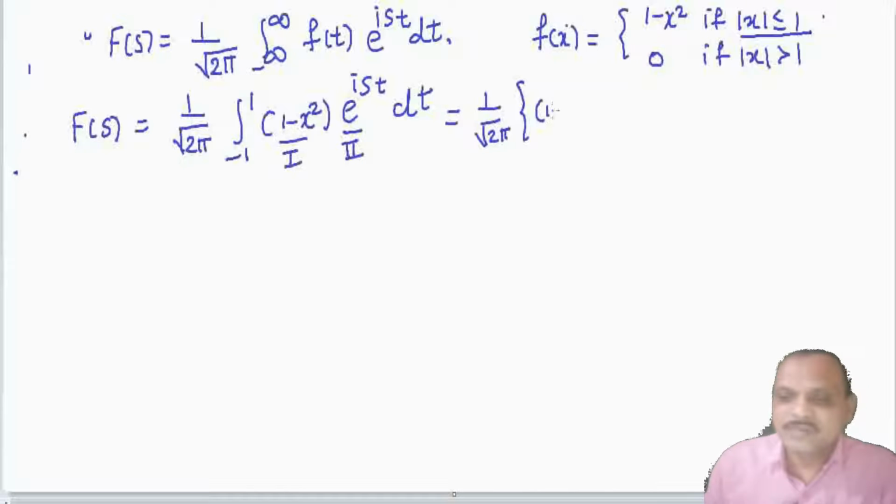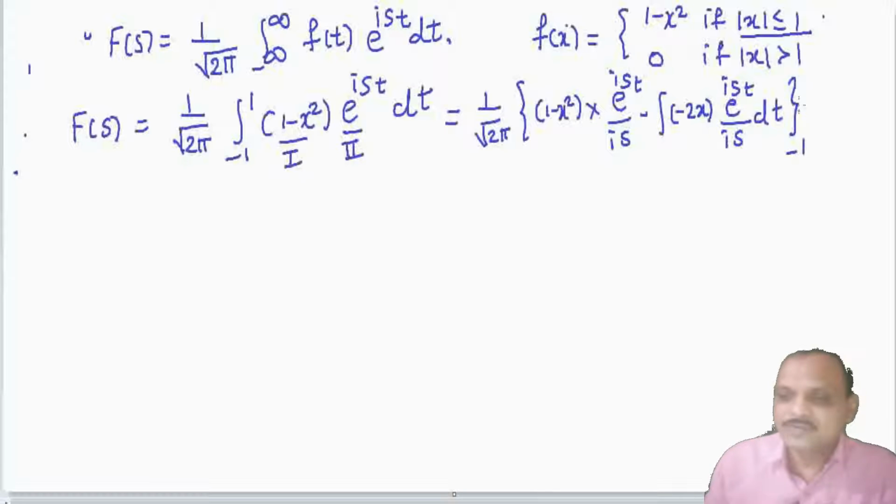Algebraic function 1 minus x square into integration of the second, e raised to ist divided by is, minus the integral of the derivative of the first, which is minus 2x, into integration of the second, e raised to ist divided by is, dt, with limits minus 1 to plus 1.